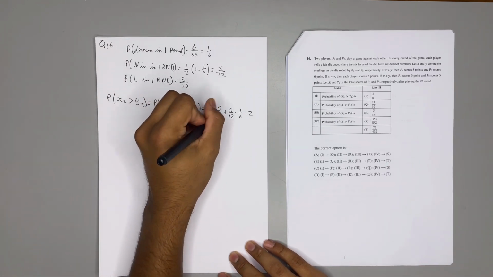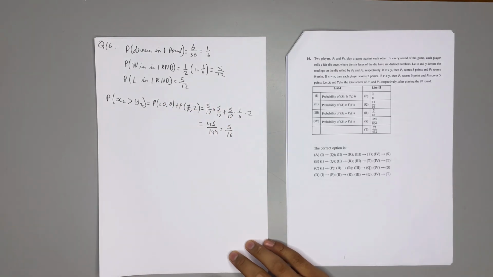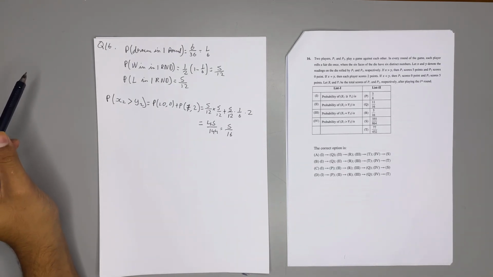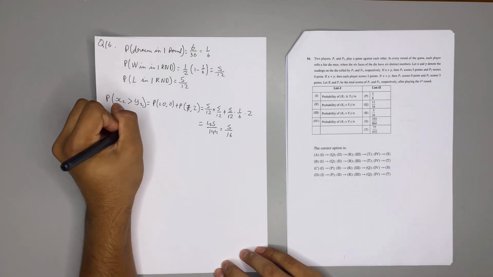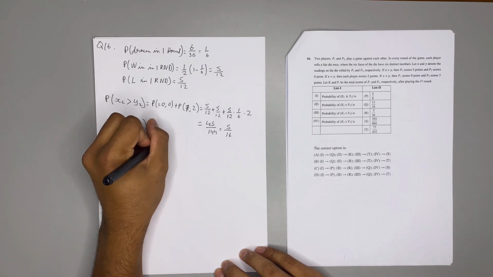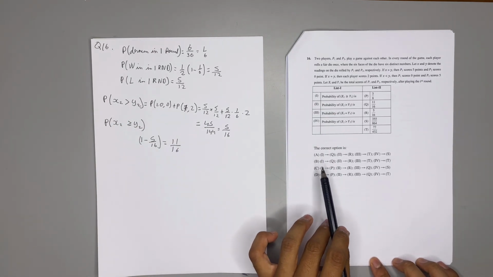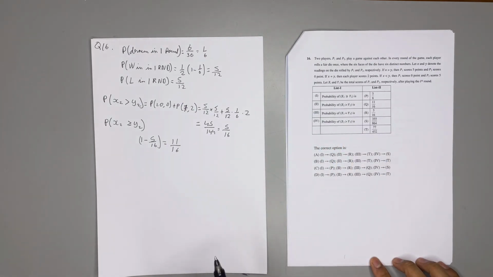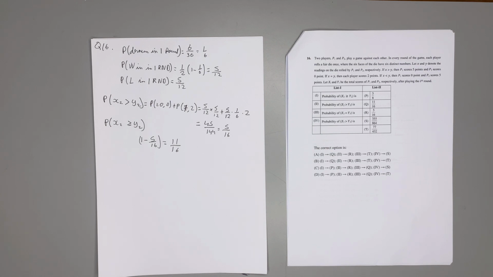Simplifying this, we get 45 on 144, which is 5 on 16. So P of X2 greater than Y2 is 5 upon 16. So P of X2 greater than or equal to Y2 would then be 1 minus 5 upon 16, which equals to 11 upon 16. Looking at the options over here, we have I goes to P, 3 upon 8, no. So C and D gone, 11 upon 16. So A and B are either of the options.